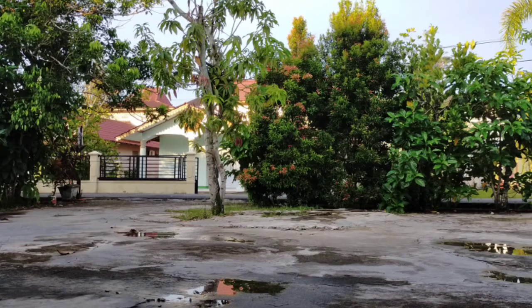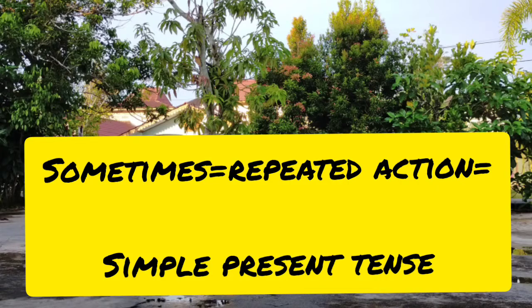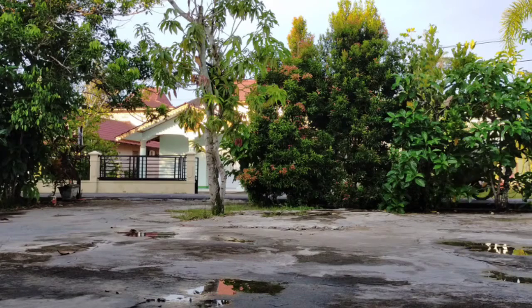Then tense used. How do we decide the tense used here? It's quite easy. Look at the adverb sometimes. Once again, most of the sentences use a time indicator. That could be a good signal for you. Just look at the time indicator, and you could actually decide the tense used.